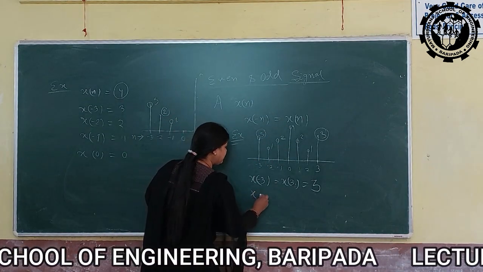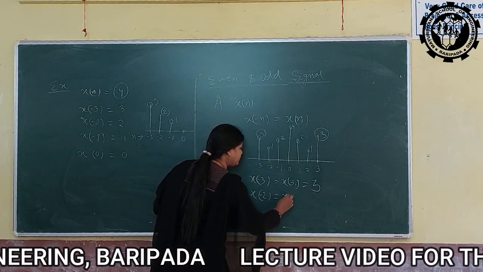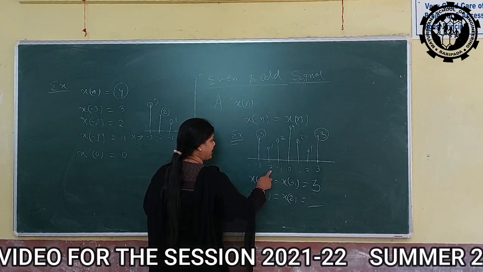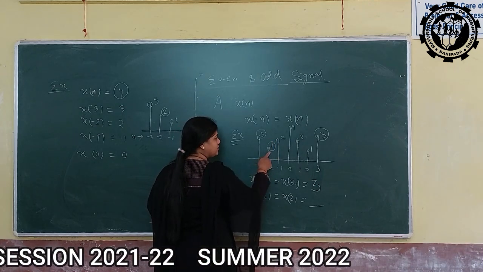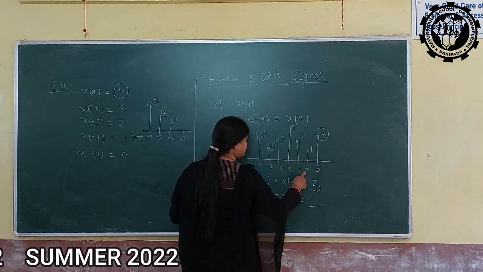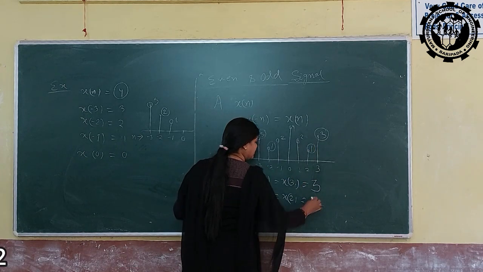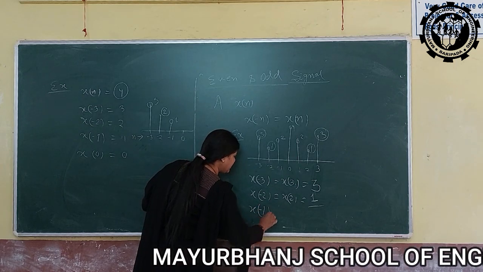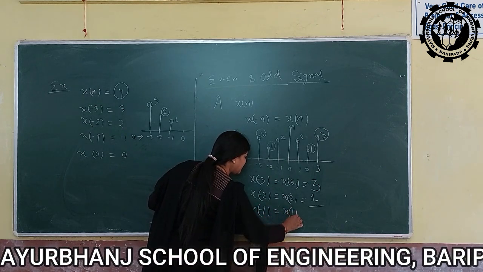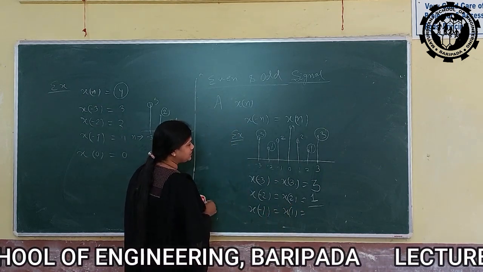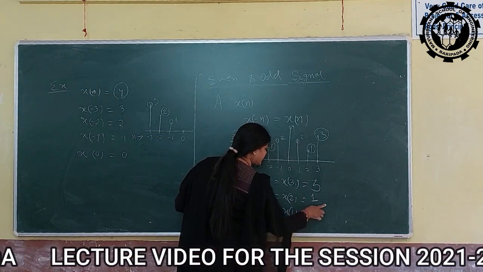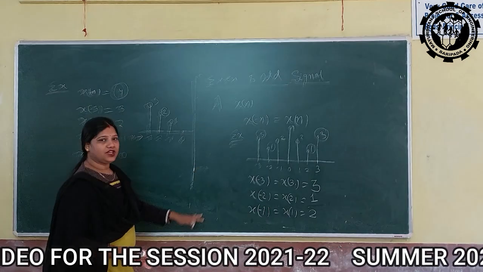Similarly, x of -2 is equal to x of 2, both having value 1. And x of -1 equals x of 1, both having value 2. So that is the example of an even signal.